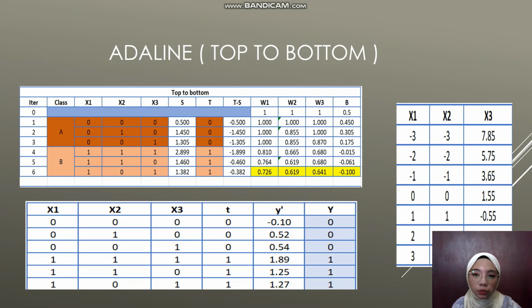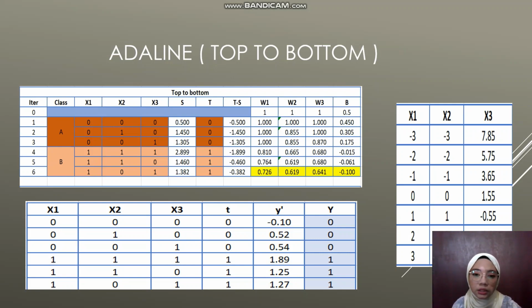For B, we take the old B plus n 0.5, and then times T minus S. After we get the answer at the yellow part, we need to find y prime. For y prime, we take w1 times x1 plus w2 times x2 plus w3 times x3, and then plus B, and then we get y prime.